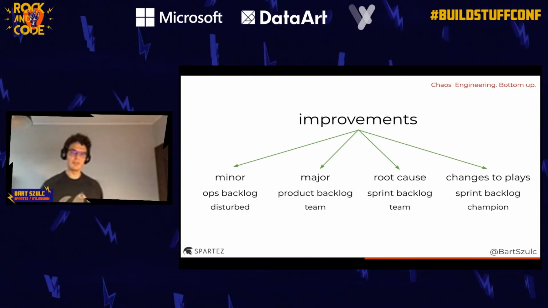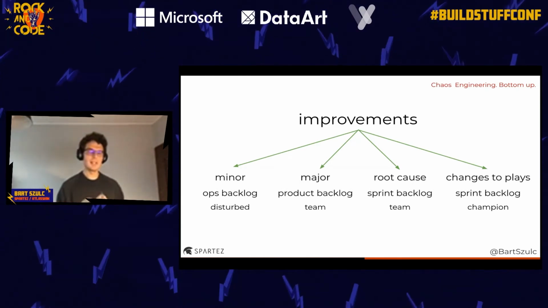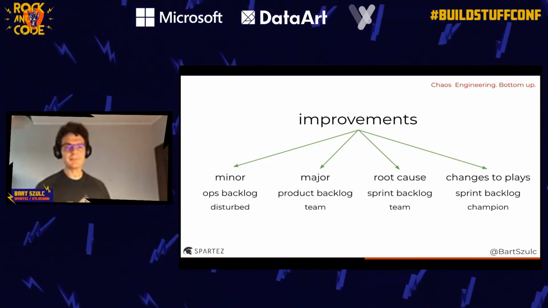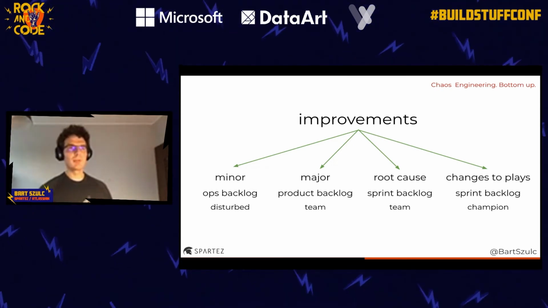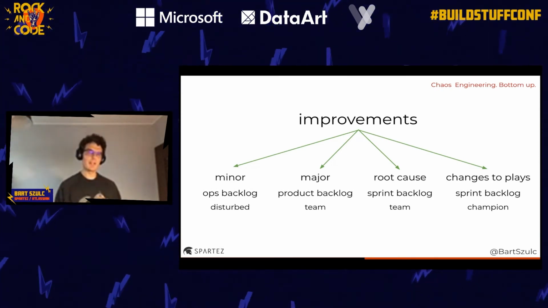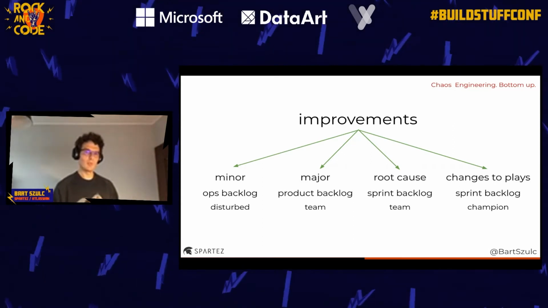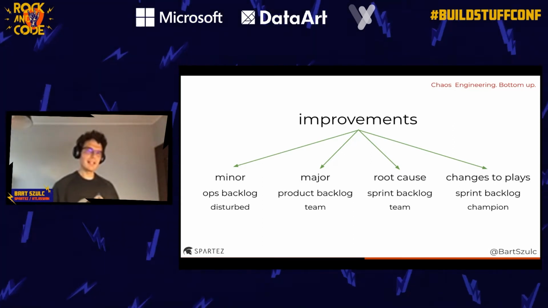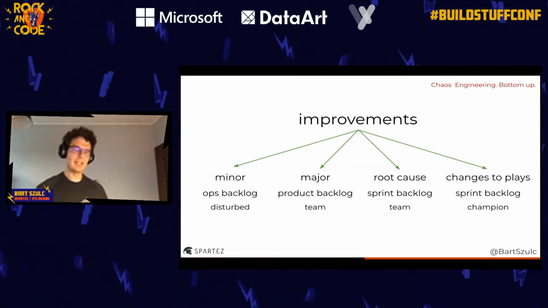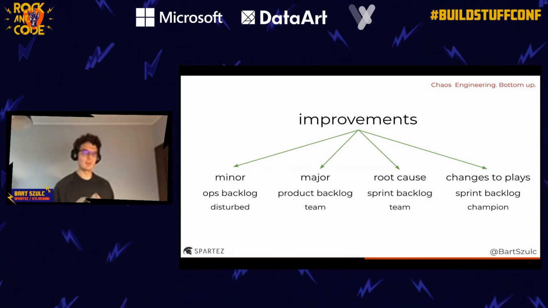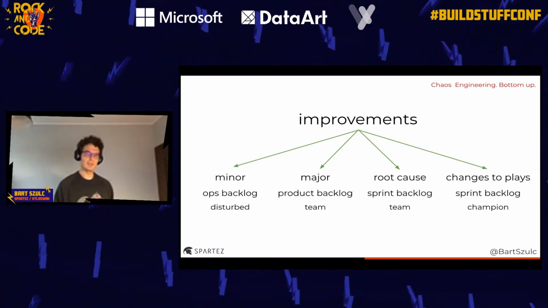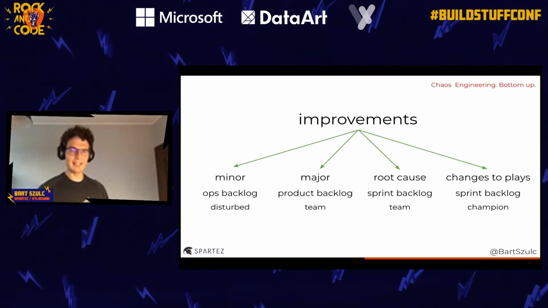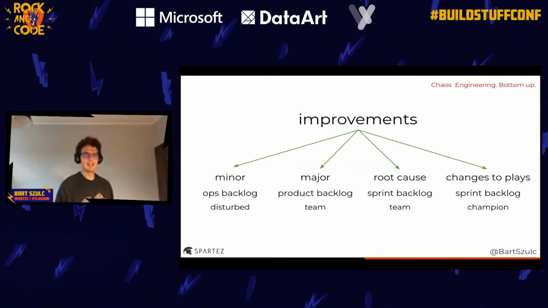And this is also addressed by the whole team during a sprint, so it ends up in the sprint backlog. And the last but not least, improvements are about the way we play chaos engineering. We have a few plays that we try, and we can always improve them. And those improvements also end up as items on the sprint backlog.